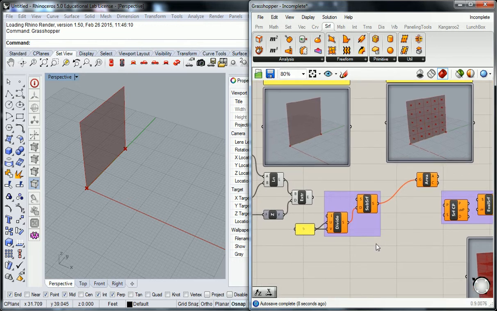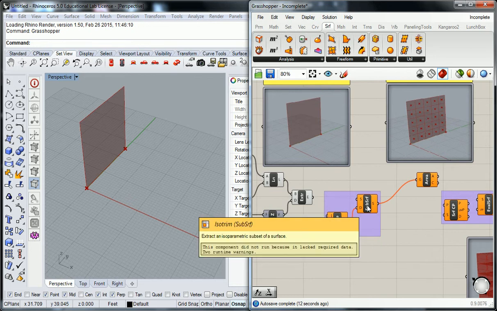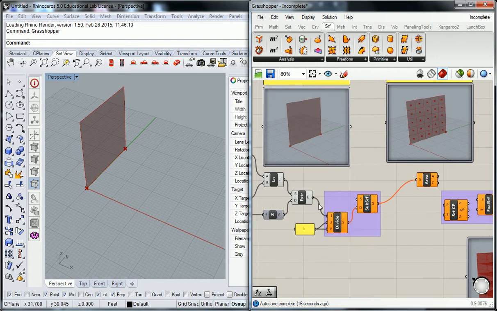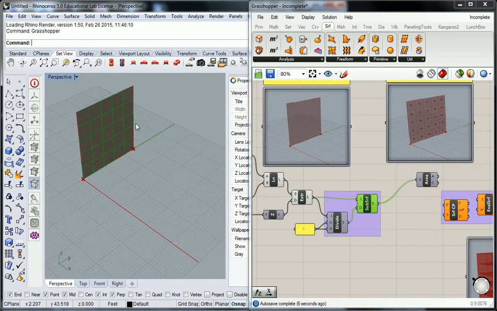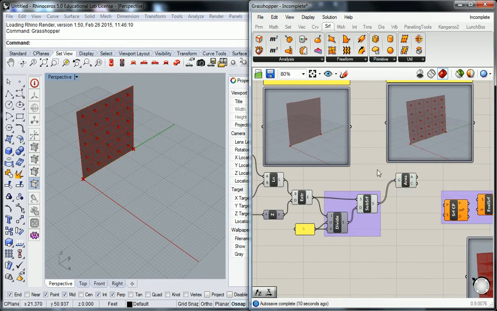That will subdivide a surface, but then the isotrim supplements the actual action of cutting it into individual parts. And that triangle is formed just by feeding the same surface or set of surfaces into both. And that gave me this. And if you turned on the area, it would look like that.